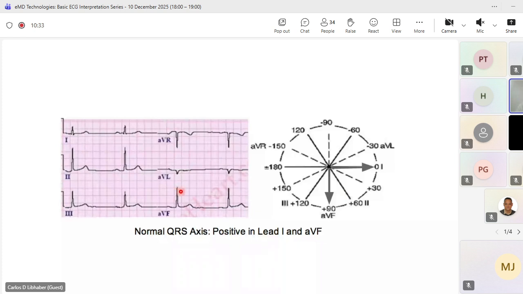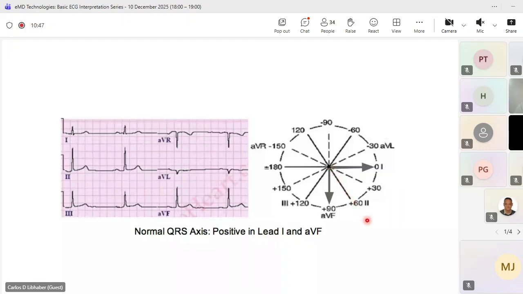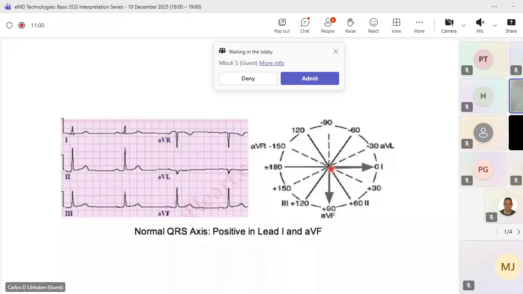Second highest is AVF. Here you are. As I am with the helicopter sitting here, I see it's coming to me in lead 2. If I measured in AVR, I think it's going away from me. So you see the stimulus is coming this way.